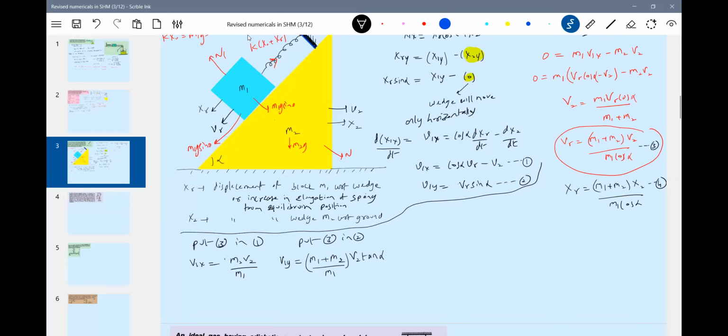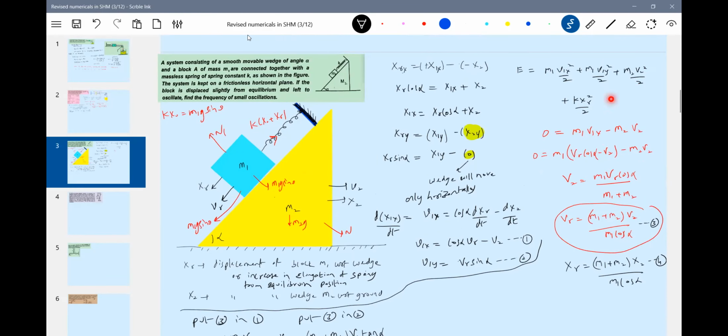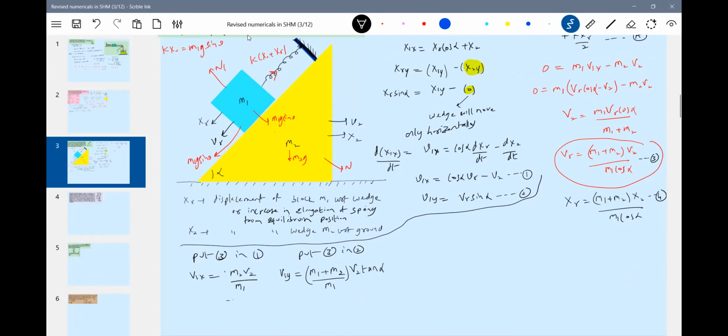Okay, now everything we have in terms of V2 and X2, there we will substitute. Then the primary equation I'll write as equation A. So these are 4, 5, 6.